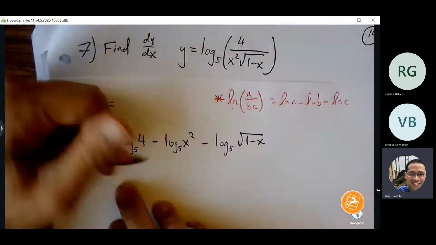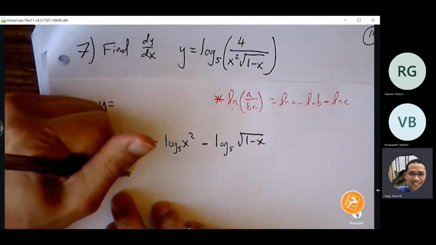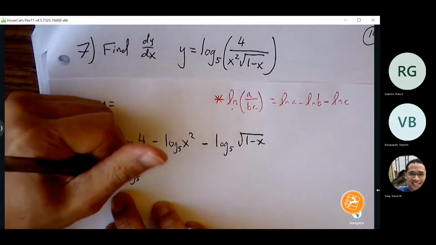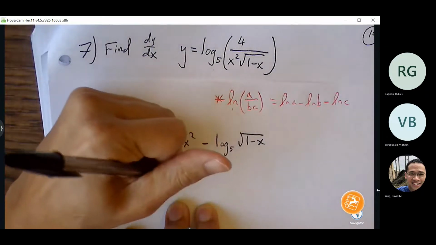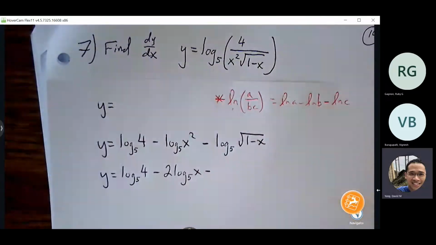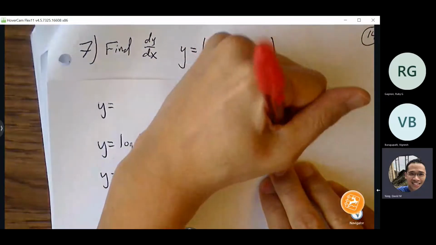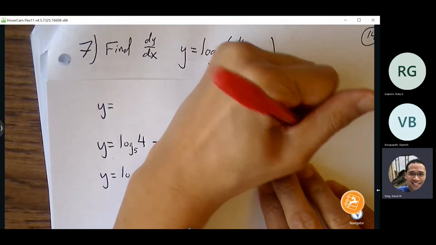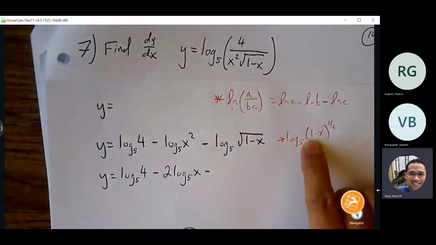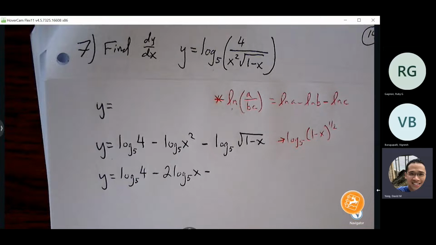Okay, so as a reminder, log base 5 of 1 minus x is the same thing as 1 minus x to the 1/2, which we can bring that exponent down.